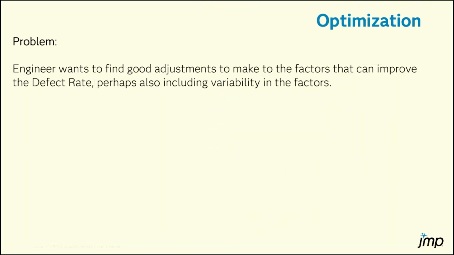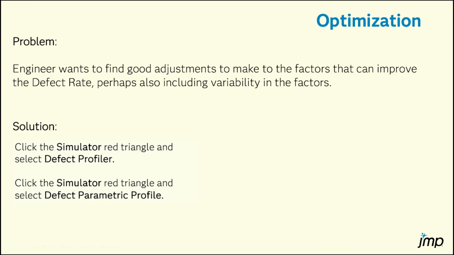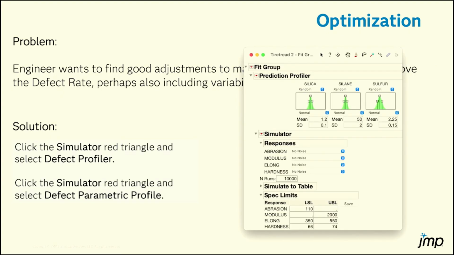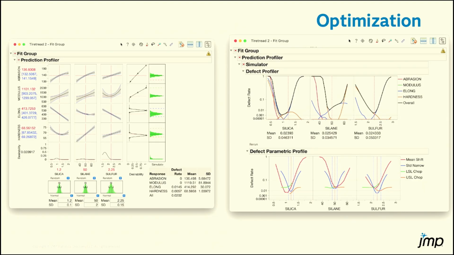When we see that defect rate, JMP could actually give us tips about how to improve it. There's another feature we'll look at called defect profiler and defect parametric profiler that are actually going to tell us recommendations for how to improve the process in order to have a lower defect rate. And I'll show you that here really quickly.